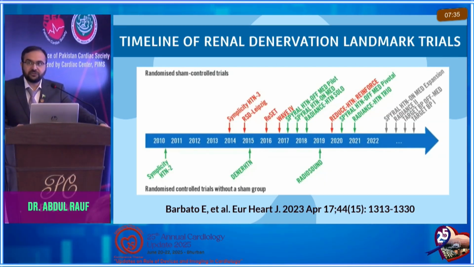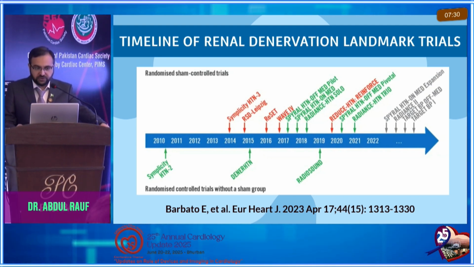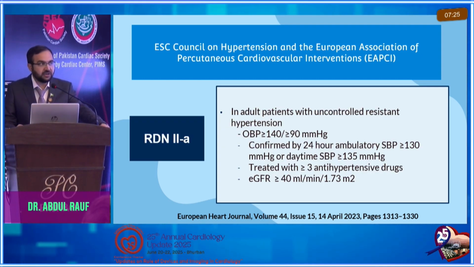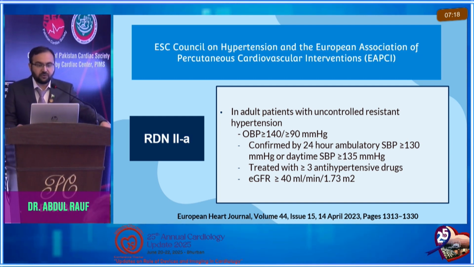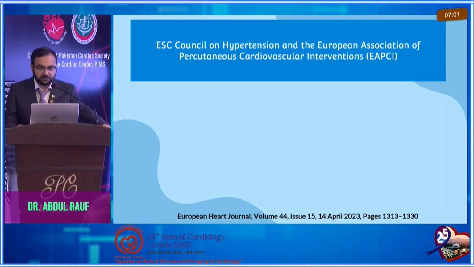Over 15 years, different trials, sham-controlled and non-sham-controlled, led to the renal denervation consensus by EAPCI with a Class 2A recommendation: an adult patient with uncontrolled resistant hypertension, with BP of 140/90 mmHg confirmed by ambulatory BP, treated with 3 or more antihypertensive drugs, and an eGFR of 40 or more ml per minute. This is a Class 2A recommendation for renal denervation.